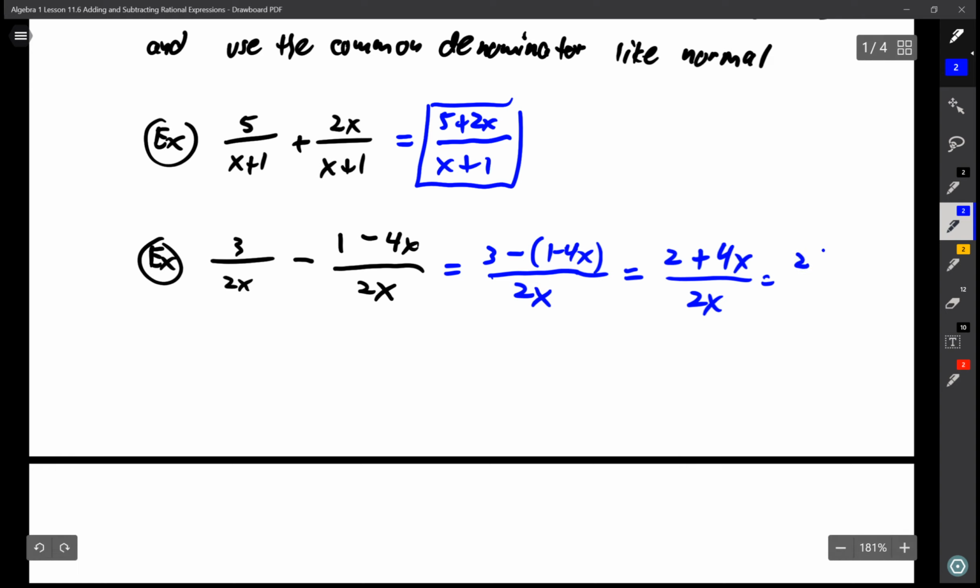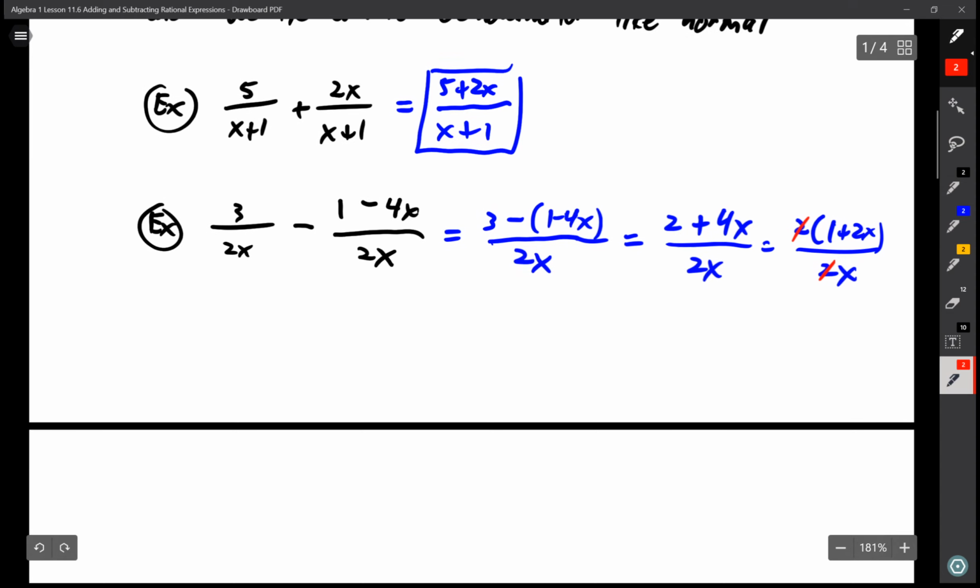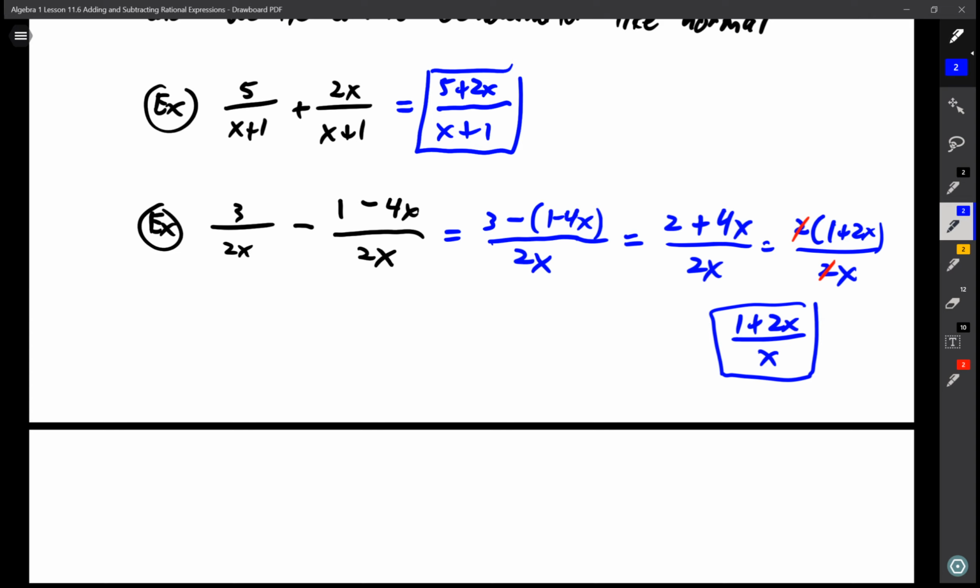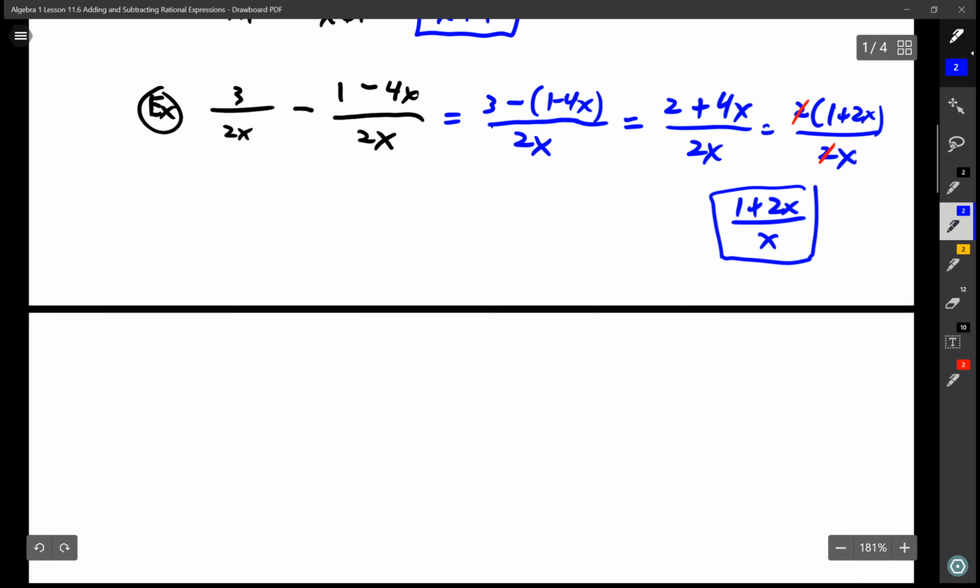So our top can become 2 times 1 plus 2x over 2x. Now the 2 and the 2 cancel, and that gives us 1 plus 2x over x. That is as far as you can go. Okay, so main thing, be careful when subtracting that you subtract the entire numerator that comes after that. Okay, so that's where the denominators match.